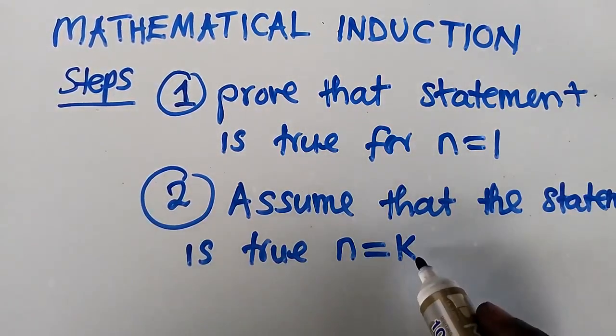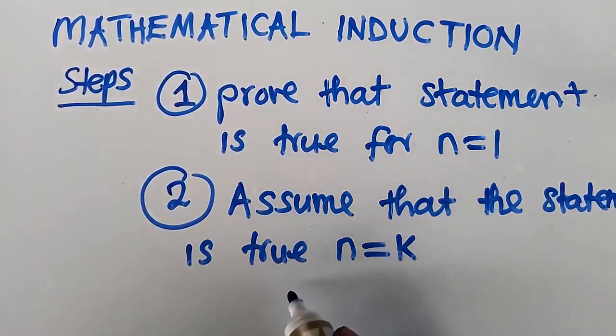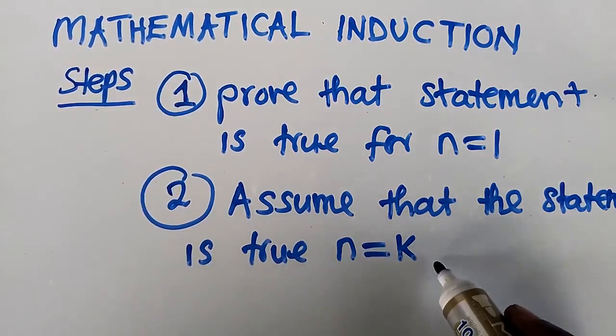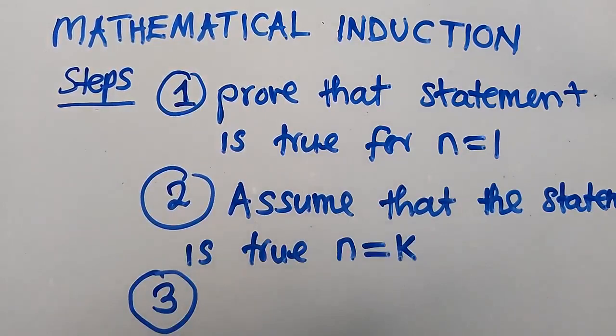So step number 2 is all about assuming. You just assume that the statement is true for n is equal to k. Then we move to the next step, which happens to be our last step.